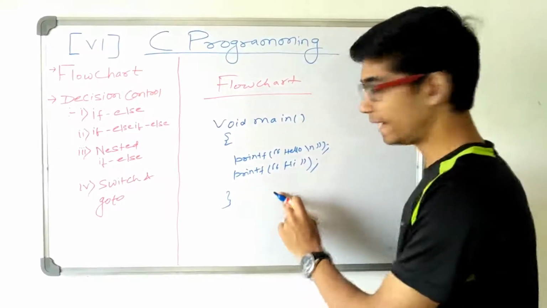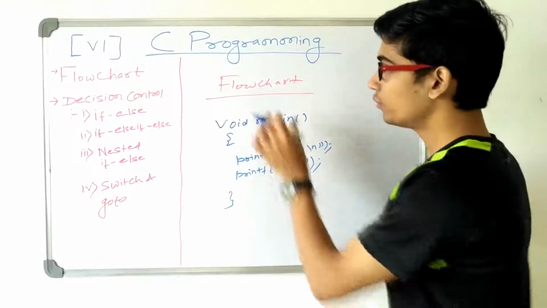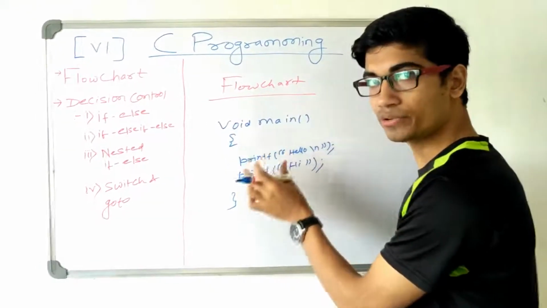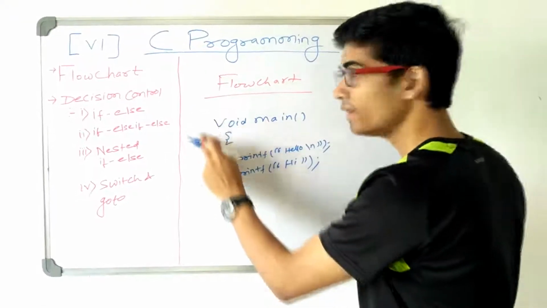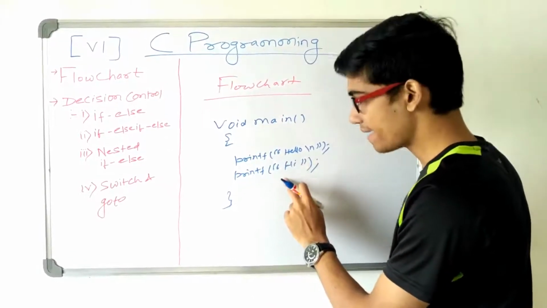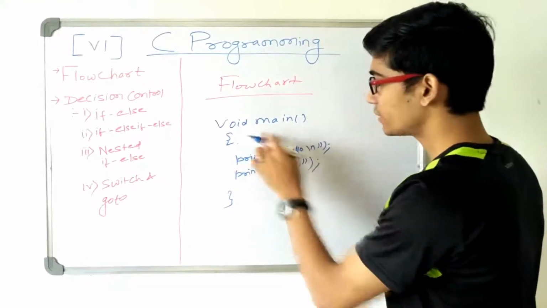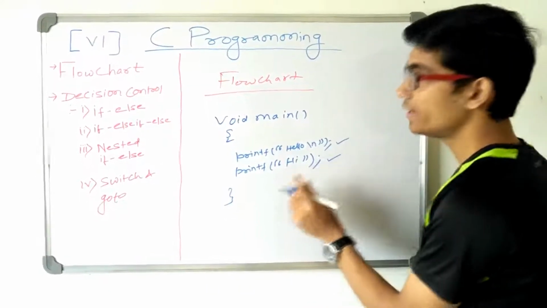This is a program that will print hello and then hi. A flowchart tells you the order of execution of a program, or the control of statements. When this program is executed, first hello will be printed and then hi. In this function this statement is executed first and then this statement.